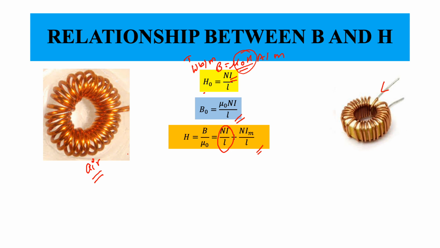We just want to say Im is the current produced because of the tiny current loops inside the magnetic material.